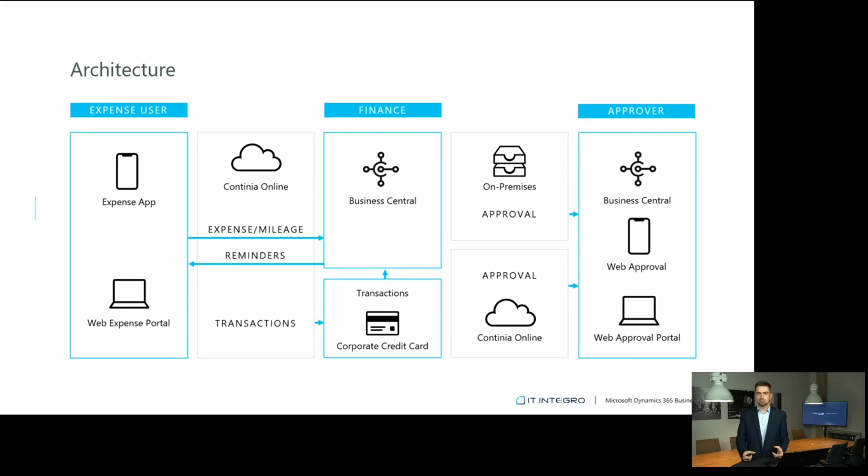From the architecture point of view, the expense user can use the expense app on the smartphone or the web expense portal to create expenses. What is important is that this can be done even without having any internet access, and then expenses will be synchronized with Business Central when internet access is available.